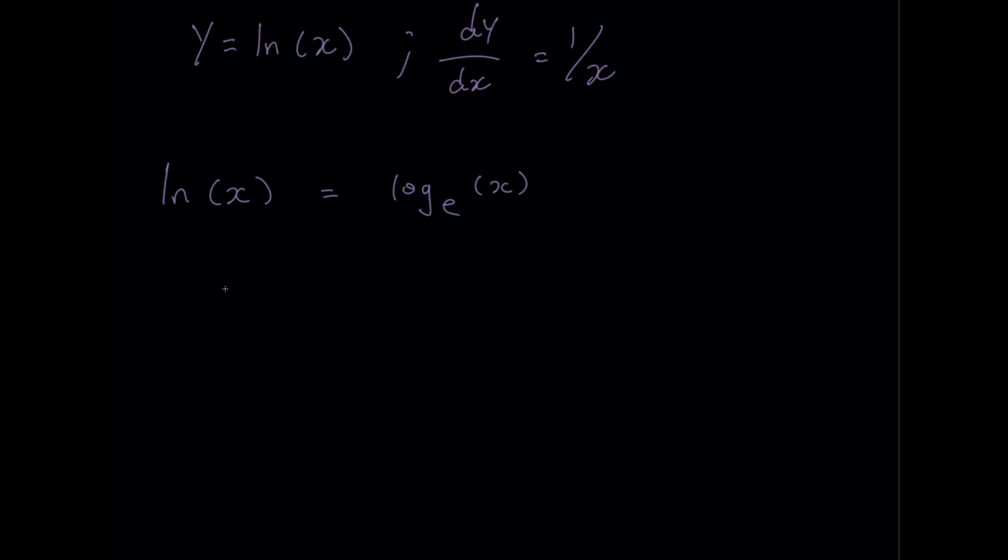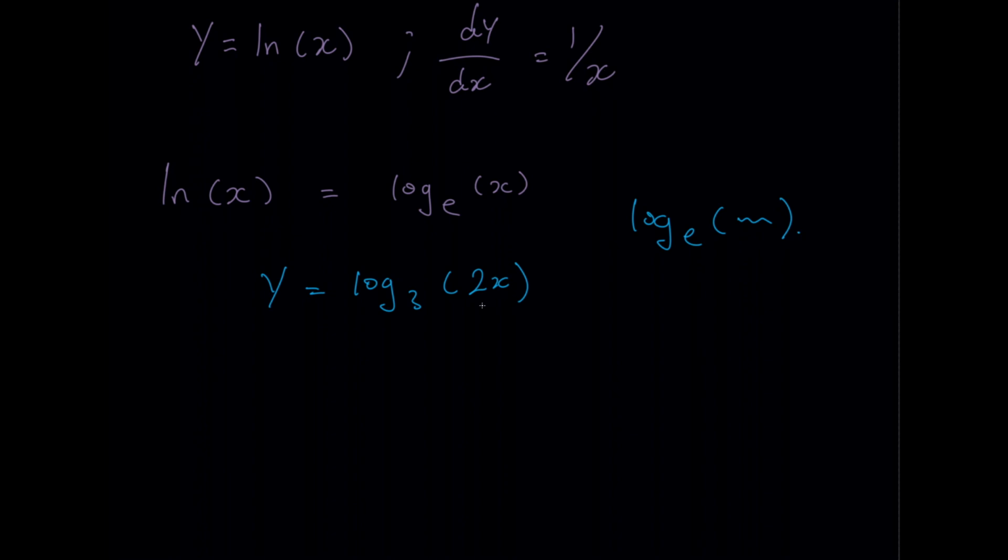So let's say we had the question y equals log base 3 of 2x. Immediately we can tell this is not ln x. It's not in the form of log base e of something, so we can't really use this easy relationship.